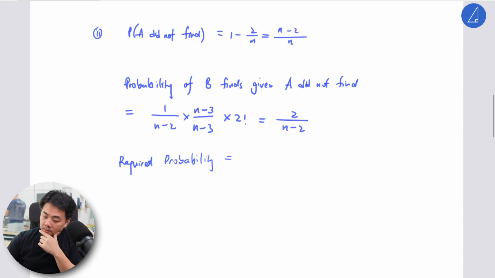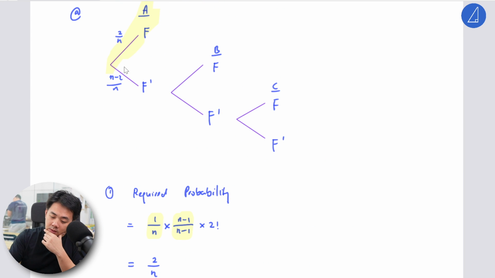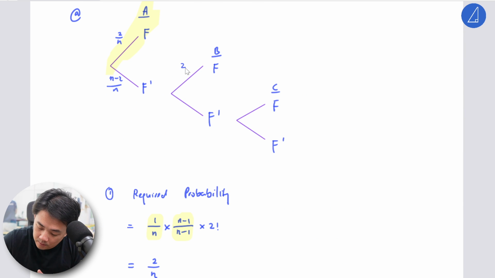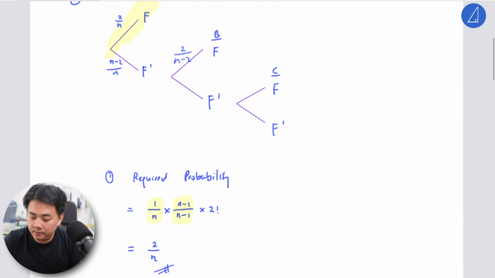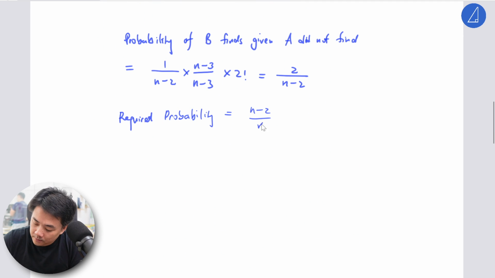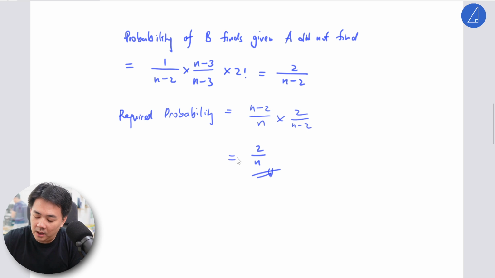You take n minus 2 over n, times this guy. Okay, that's what you need. It's only 1 mark, so yeah. You take n minus 2 over n, multiply by 2 over n minus 2. This will be 2 over n. Okay, there you go.